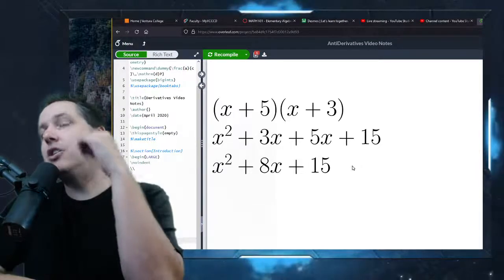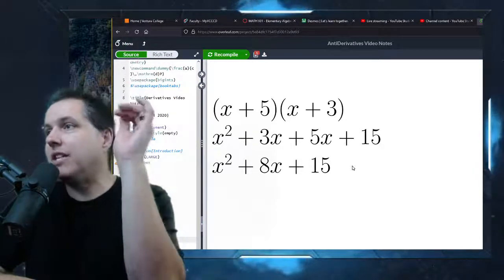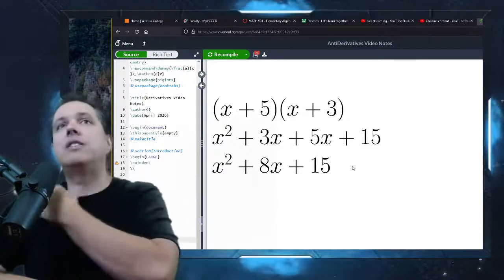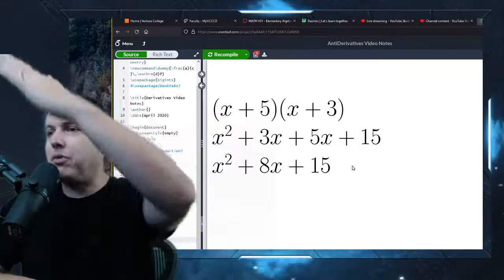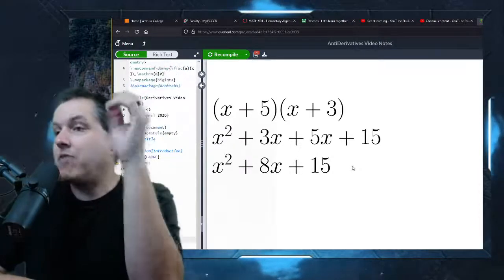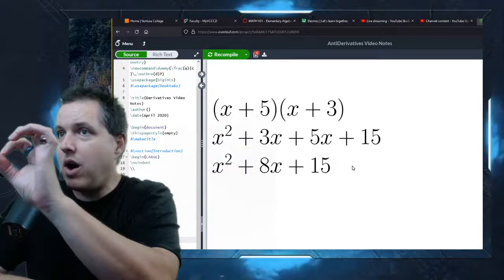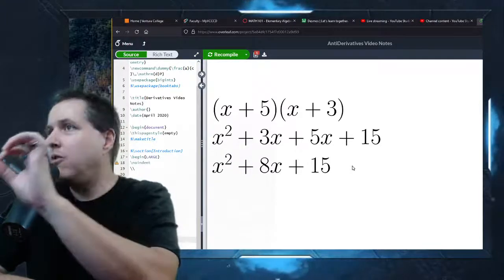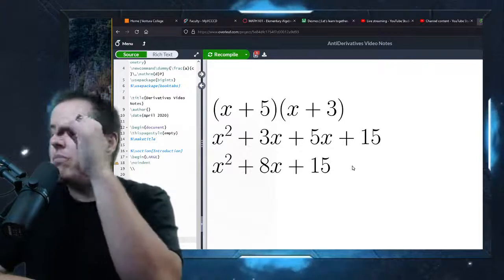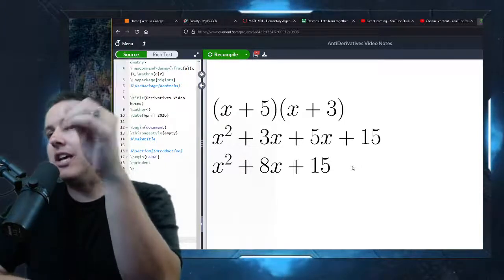There are other techniques you can use to do this, and that's fine, but they all kind of amount to the same thing, right? So this is like I've mentioned before. Some people, you've learned to draw a big X on your paper. That's fine. It's literally the same thing. Like when you walk through and you say what you're doing, when you do it horizontally versus when you do it with a big X on your page, you're literally doing the same exact thing.